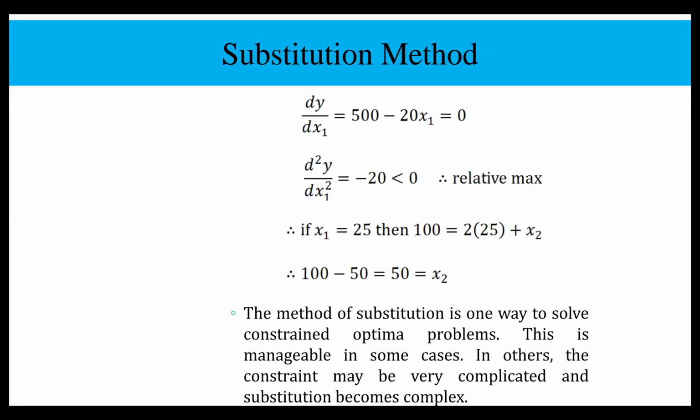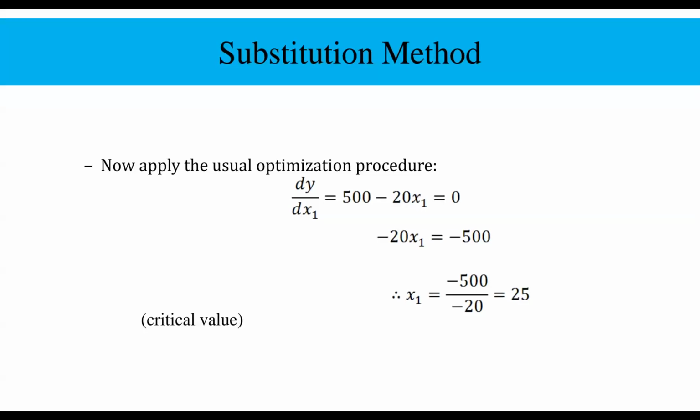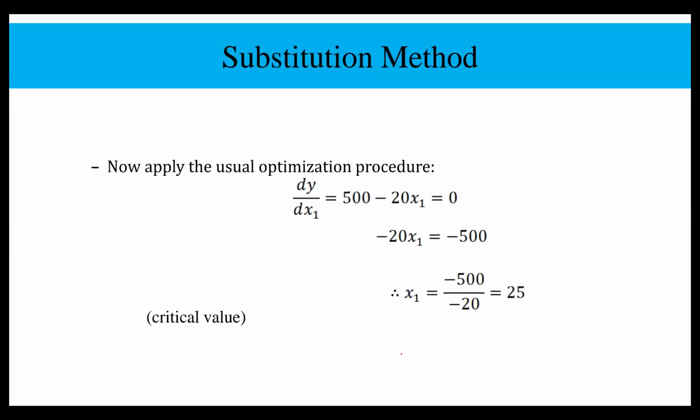You have seen the value of x1. Then you go back to the constraint. Our constraint was 2x1 plus x2 equal to 100.